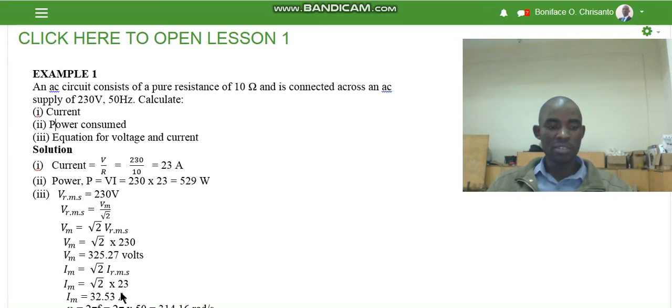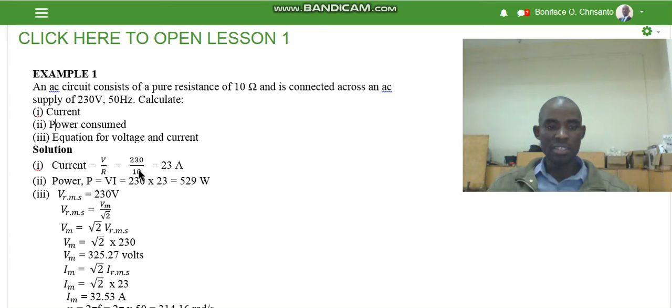Earlier we had gotten 23 amperes. Current was given by V over R, which was 230 divided by 10, where 230 was our root mean square value of voltage.